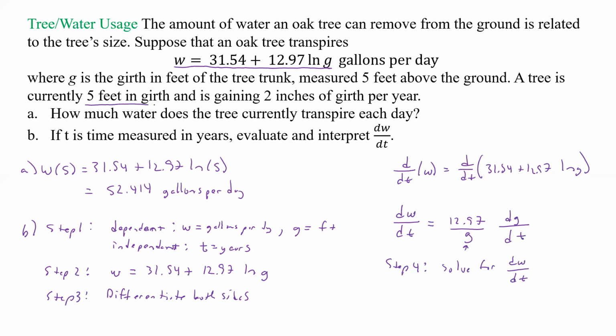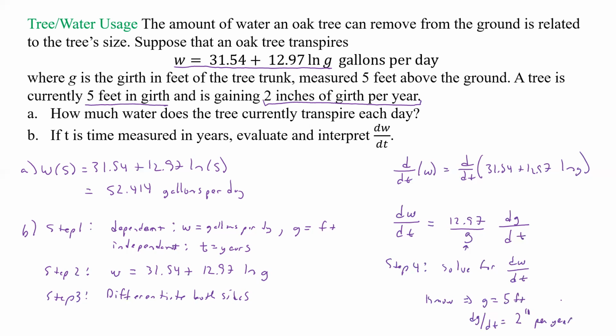Well, g is 5 feet, so g equals 5 feet, so that's good. Do we know anything else? Well, we know it's changing by 2 inches of girth per year, so we know that dg/dt is equal to 2 inches per year, okay?